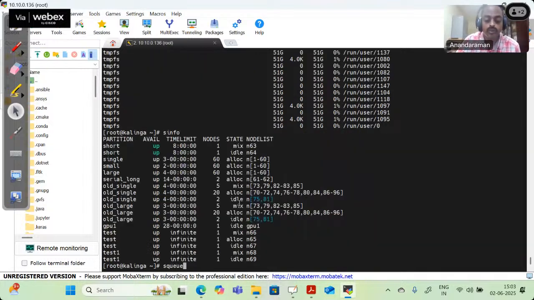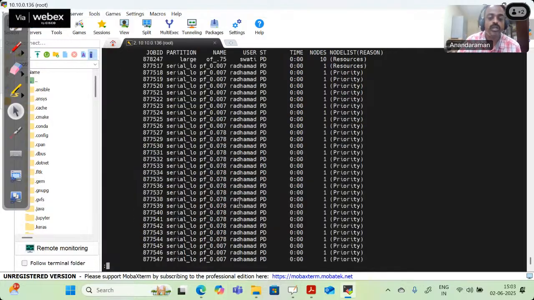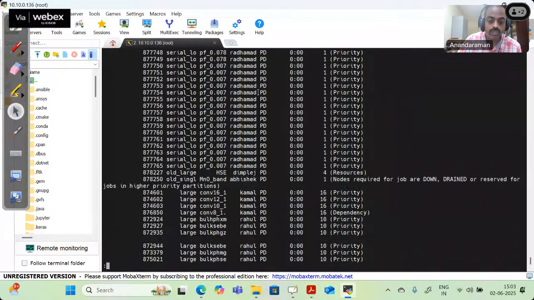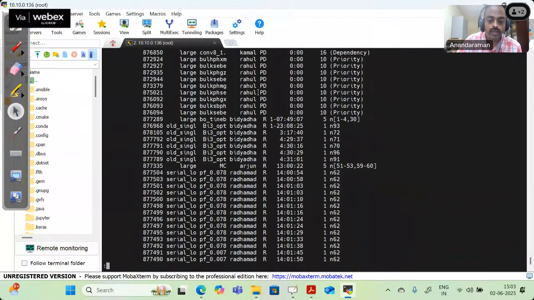What are people doing with this cluster? The squeue command will show the jobs. These jobs are running now. These jobs in PD state are pending. This many jobs are pending, waiting for resources. This is the scheduler. These are the running jobs.